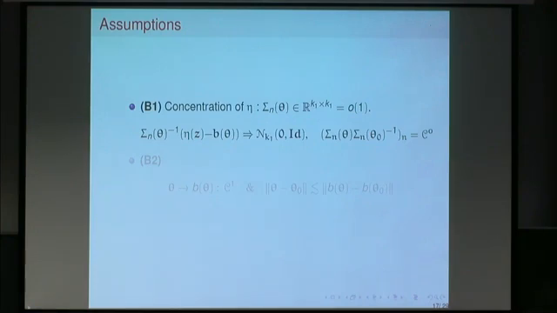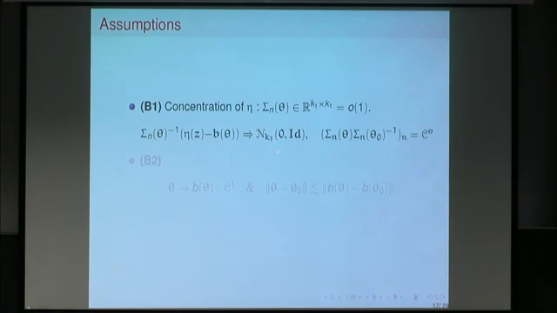So I'm assuming a Gaussian limit, so I need to assume a little more. Not only am I saying that eta z is going to concentrate around b theta under p theta, but actually I have a limiting distribution. For instance, it's asymptotically Gaussian. I've written it as asymptotically Gaussian, but you could replace it by something else here, let's say q.